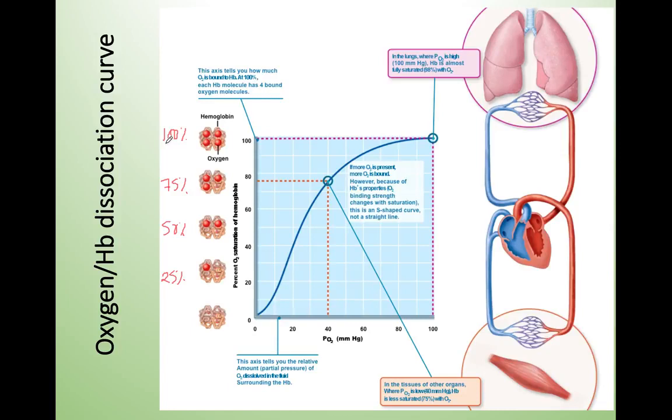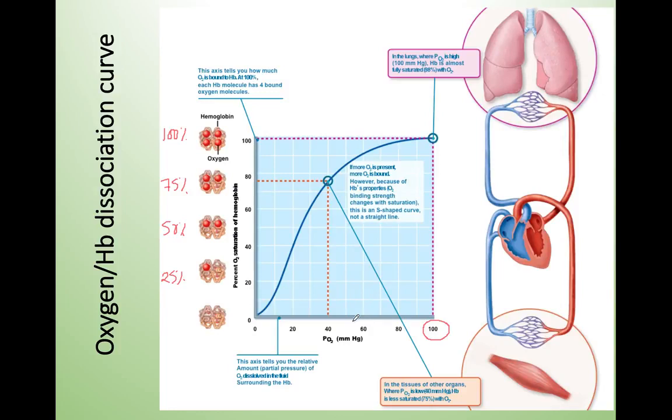Now, if you remember from your external respiration, we also learned that the pressure of oxygen is going to be around 100 millimeters of mercury in your lungs. So if you're thinking about your lungs, your goal is to pick up oxygen, not to drop off oxygen, right? So the affinity of hemoglobin for oxygen in your lungs will be really high. Affinity implies that hemoglobin is going to hold on tightly to that oxygen.